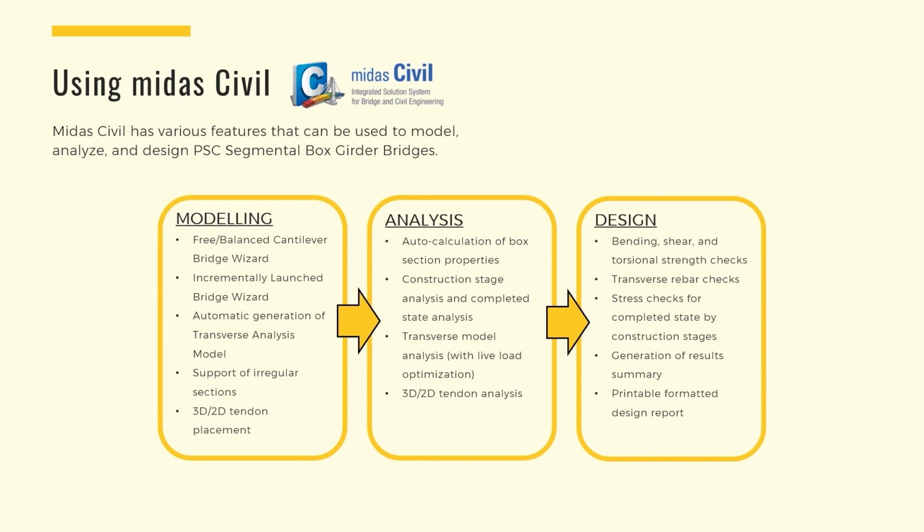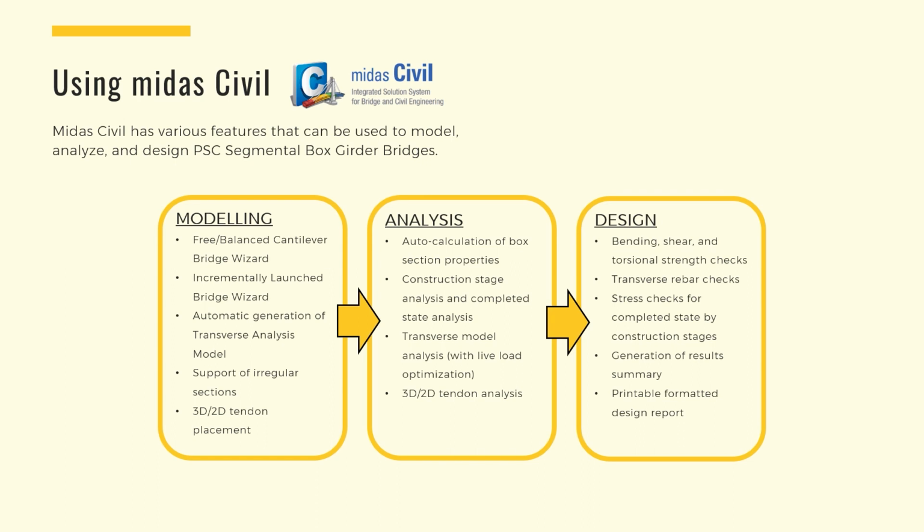There is also a powerful construction stage analysis feature and completed state analysis. The transverse model can also be created automatically via a wizard. And the tendons are analyzed in 3D or 2D. Lastly, for the design, the bending, shear, and torsional strength of the sections can be automatically checked.